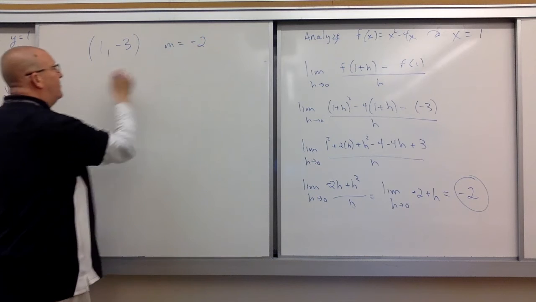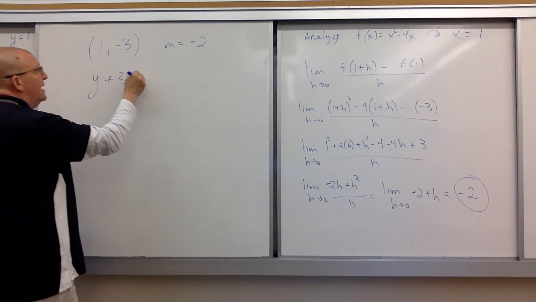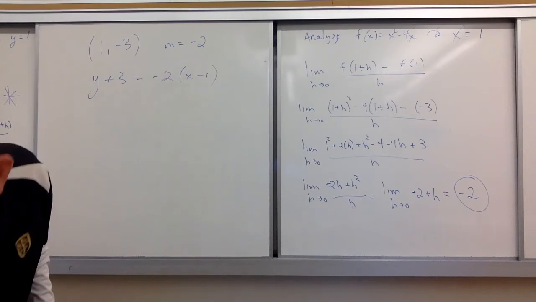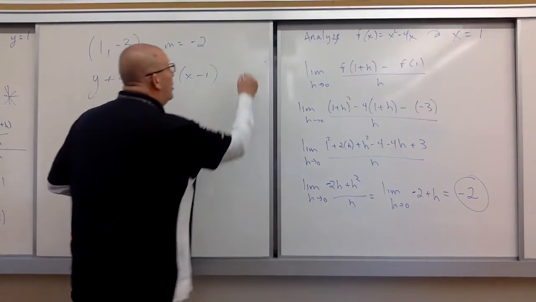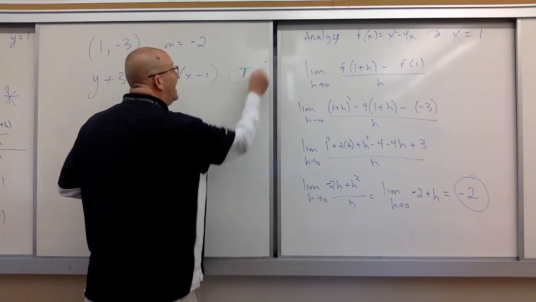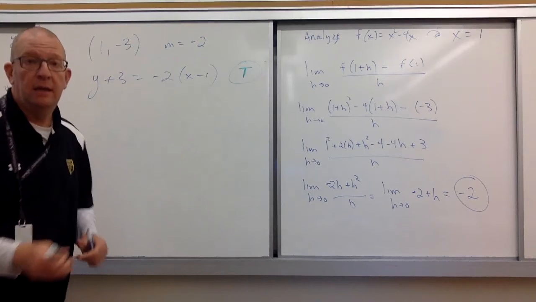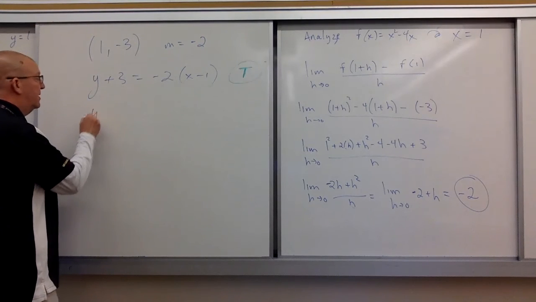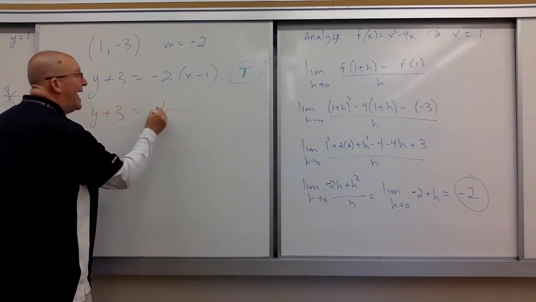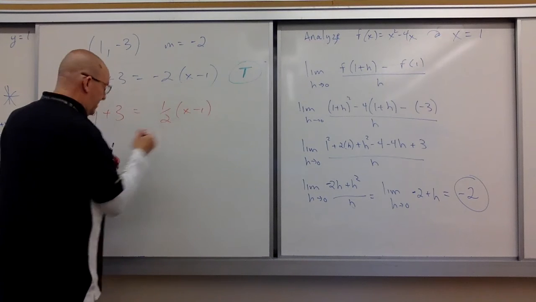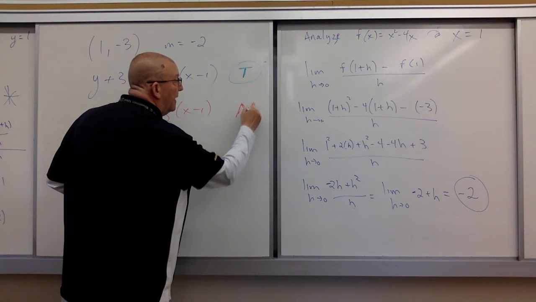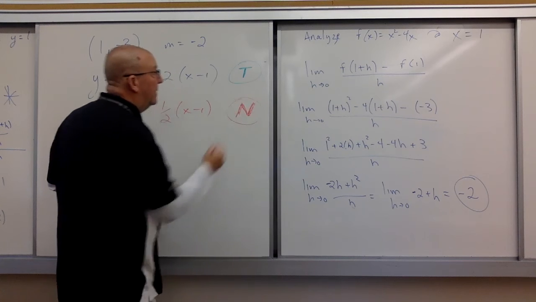Does that kind of sound familiar? y plus 3 equals negative 2 times x minus 1. That is the green tangent line. How about the red normal line? y plus 3 equals 1/2 times x minus 1. That's your normal line.